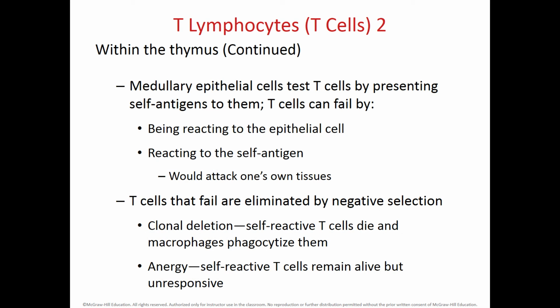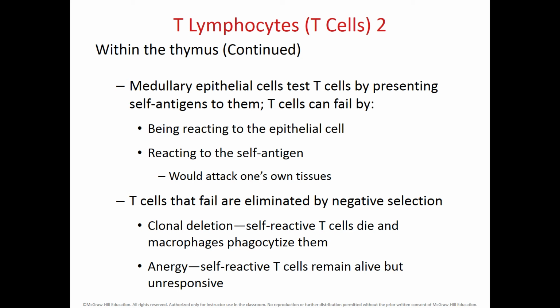Now, when the T cells get presented with the antigens that you have in your own body, the self-antigens, and they react with the self-antigen, they will be negatively selected.